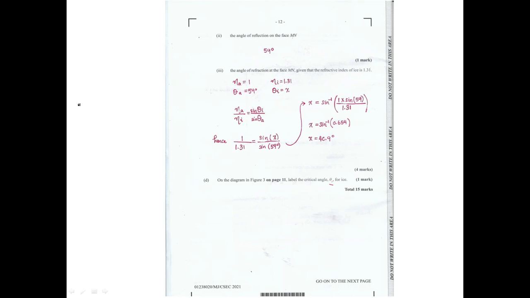So if you ever have a refractive index X over refractive index Y, when you're dealing with anything, whatever you have on the next side would be switched.